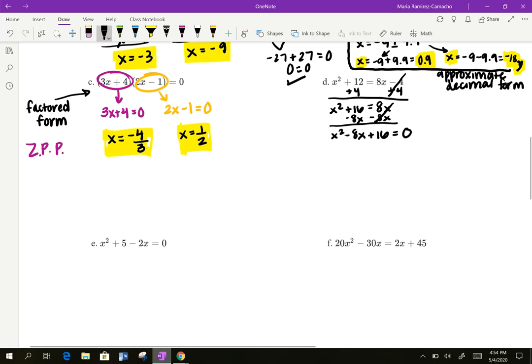Okay, actually this would be a very nice quadratic to factor using the zero product property. I don't know if you can tell, but that's my favorite method so far. Let's use it. Zero product property. This is actually a special case.